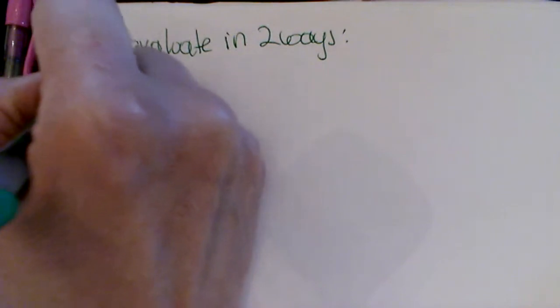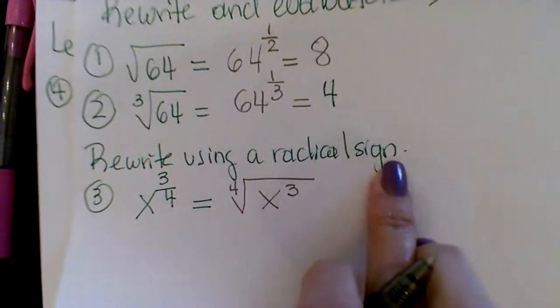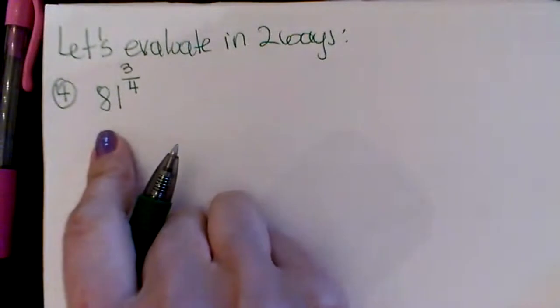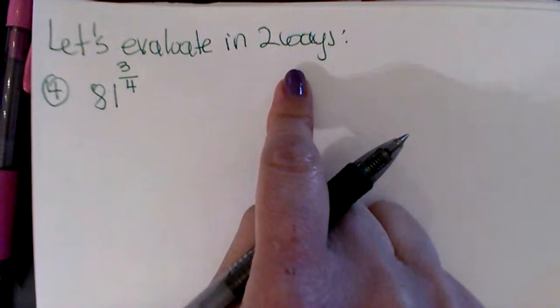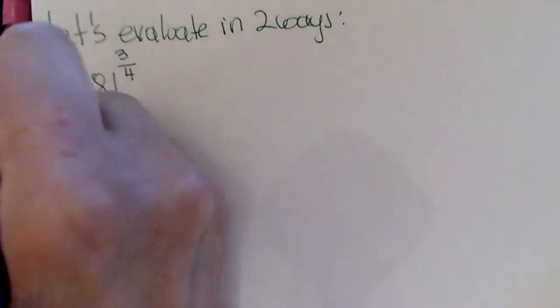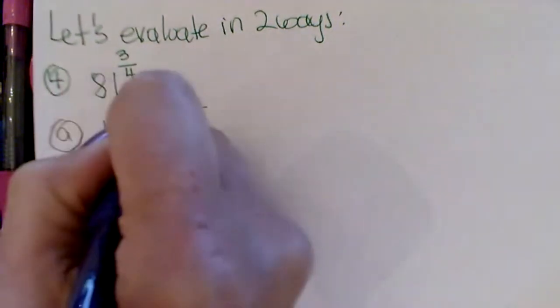So the first one, oh, that's number 4 exercise. 81 to the three-fourths. So we will rewrite using a radical sign, right? We're doing number 4 here, but we're gonna evaluate this in two ways. So let's do it one way. We're gonna have the fourth root of 81 to the third power, right?